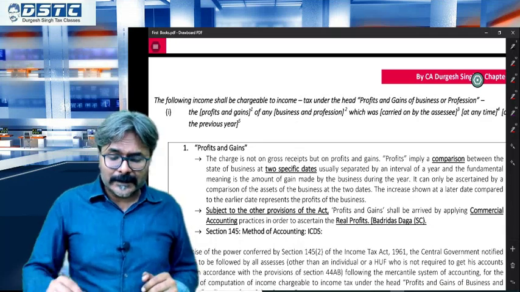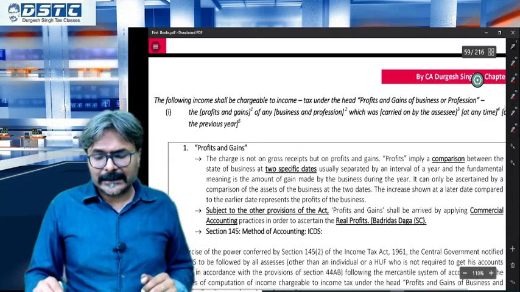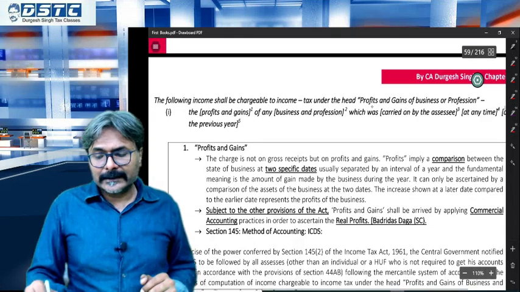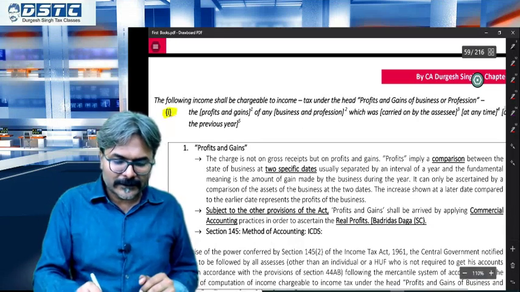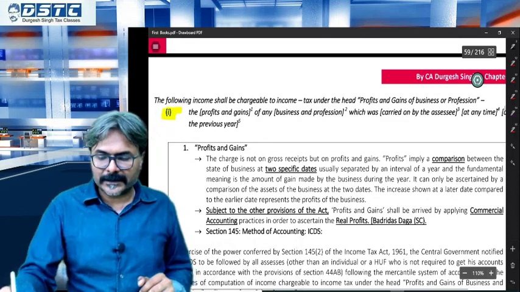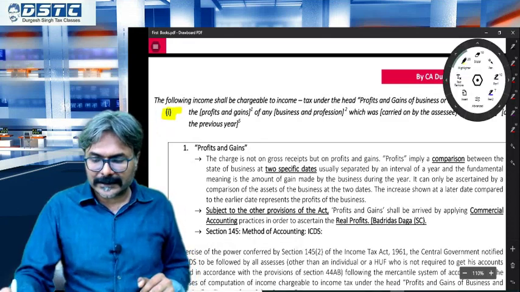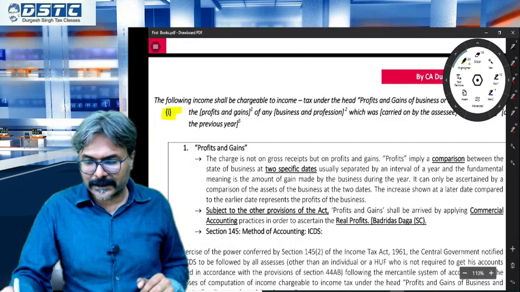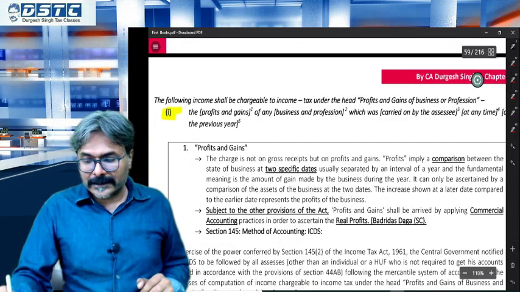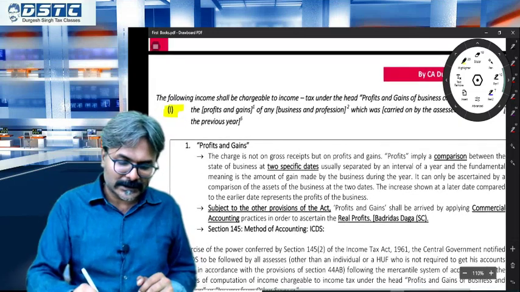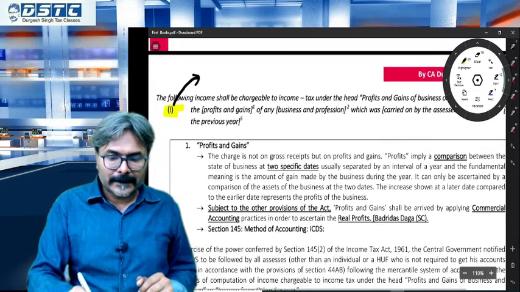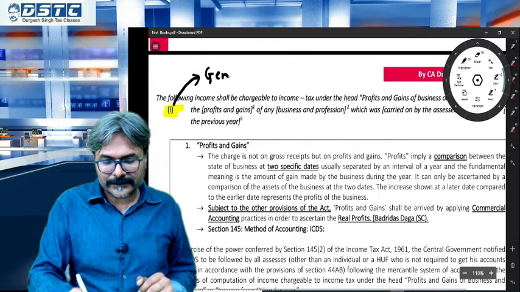The following income shall be chargeable to income tax under the head PGBP. The first clause herein, you can just write in this context: general charging section. So this is nothing but your general charging section.